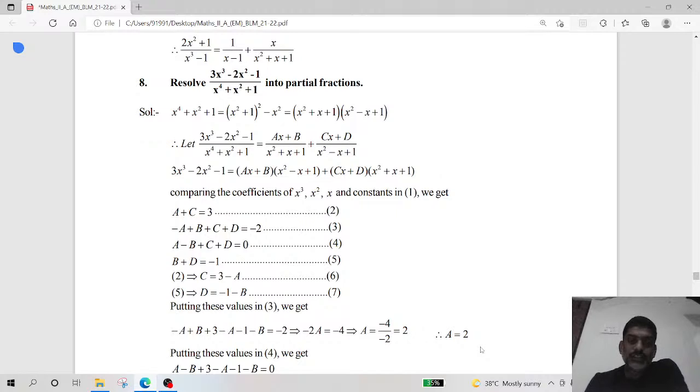Then from equation number 2, a plus c is equal to 3, so c is equal to 3 minus a. And then from equation number 5, d is equal to minus 1 minus b. Then place these two values into equation number 3, so that it is converted in terms of a and b. Here plus b is already there, and we are substituting minus 1 minus b. Plus b and minus b get cancelled, so we can get the a value easily.